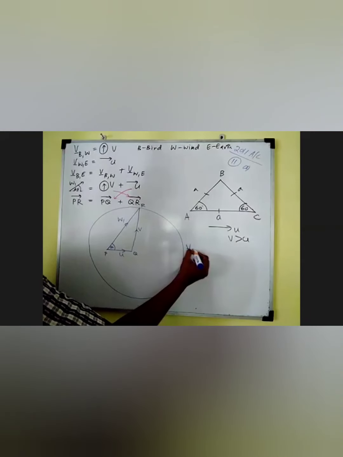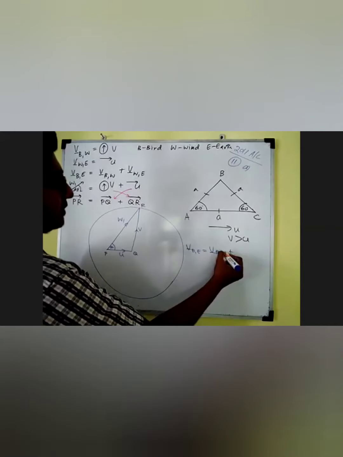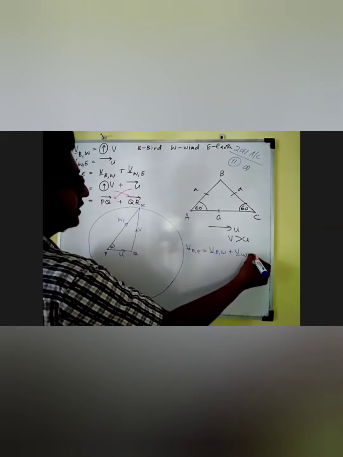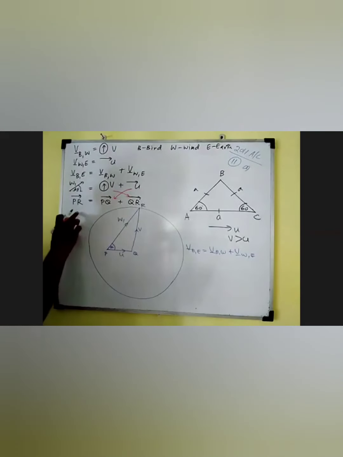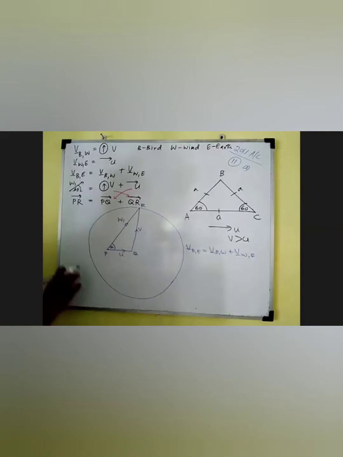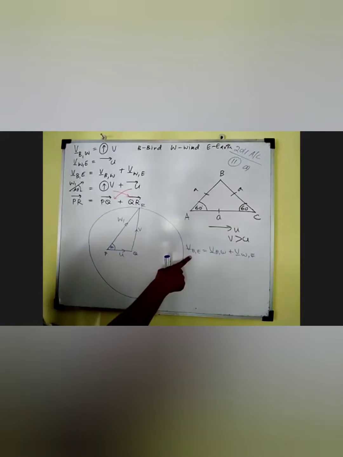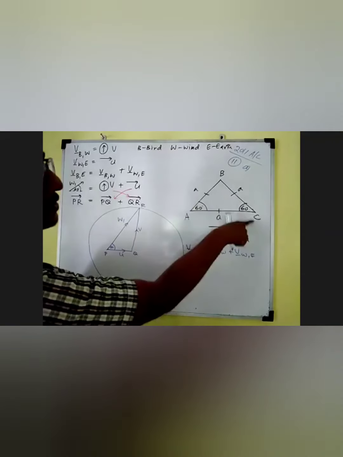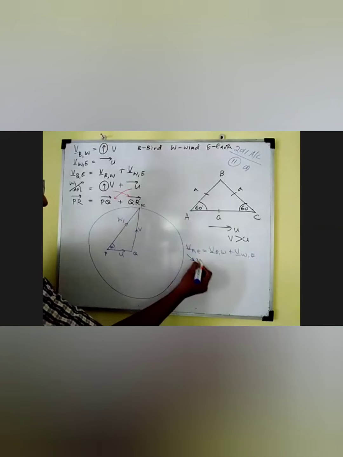Velocity of bird relative to earth, velocity of bird relative to wind plus velocity of wind relative to earth. You can continue the equation here, but I don't have space. That's why I took here. So that is velocity of bird relative to Earth from B to C. Then the direction is like this, downwards.